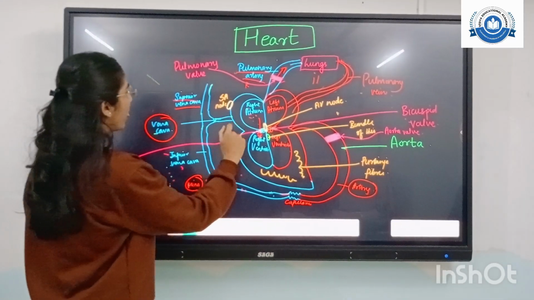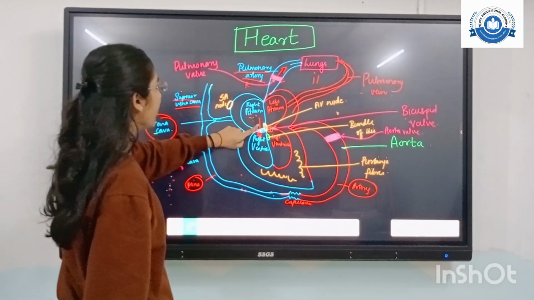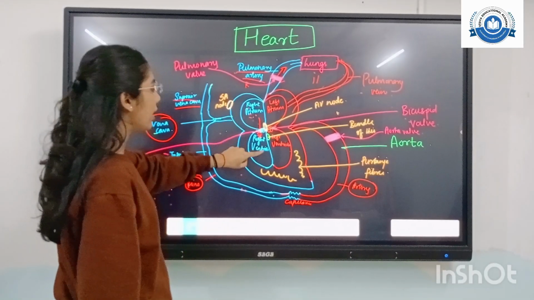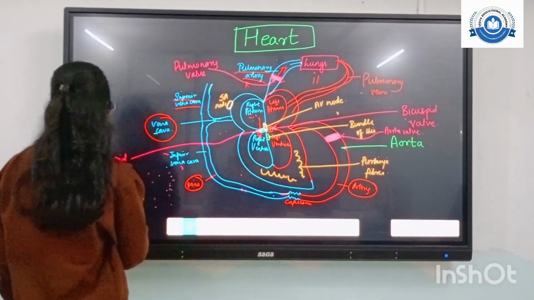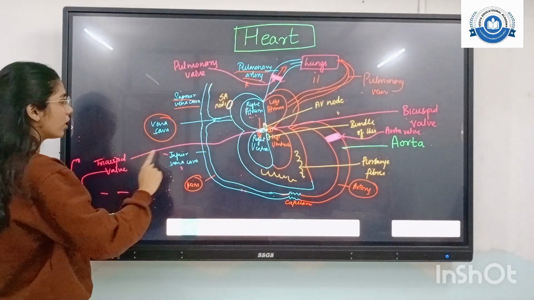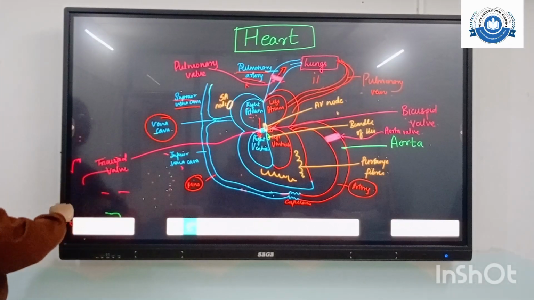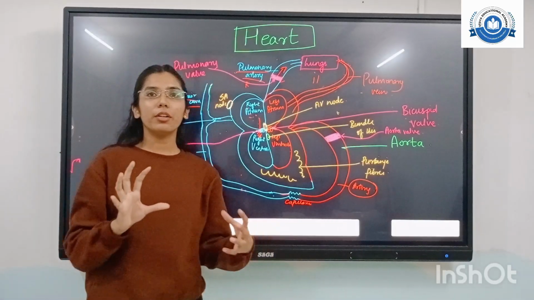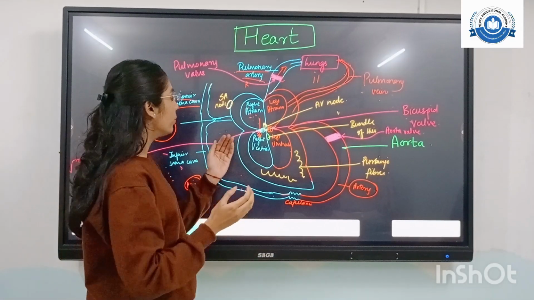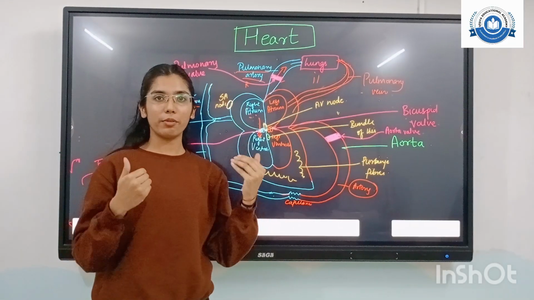So first this blood enters into the right atrium, then it enters into the right ventricle. Here we have three valves, which are called the tricuspid valve. Because there are three, that's why it has been given the name tricuspid valve. The work of the valve is that it does not allow the blood to go back to the right atrium, to move backward.